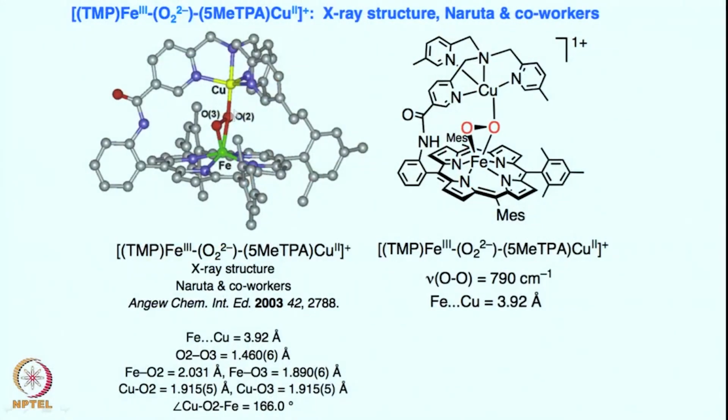We have seen that this has been crystallographically characterized in one instance, where we see that the heme iron center is bound with oxygen or peroxide in a side on bound geometry, and the copper is bound in an end on bound geometry, as you can see from the parameters of the crystal structure.